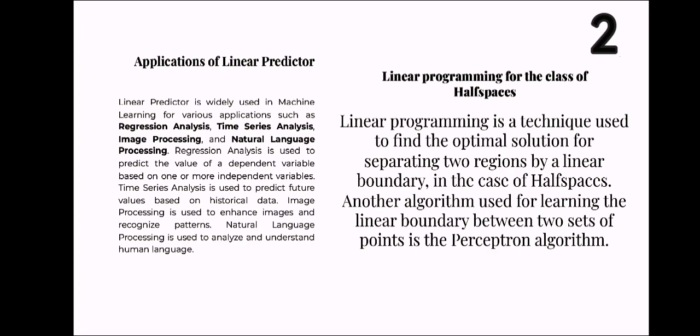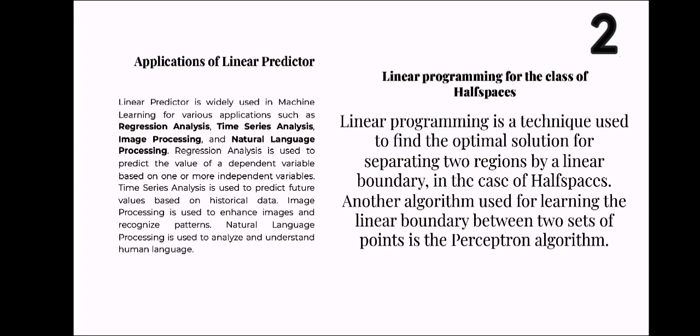After that, we came to know about the applications of linear predictor. It's widely used in machine learning for various applications like time series, regression, natural language, and image processing. Regression analysis is used to predict the value of a dependent variable based on one or more independent variables.